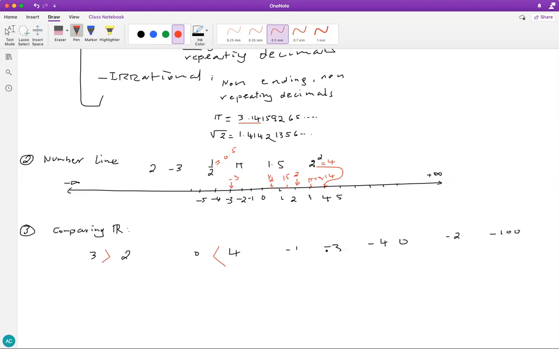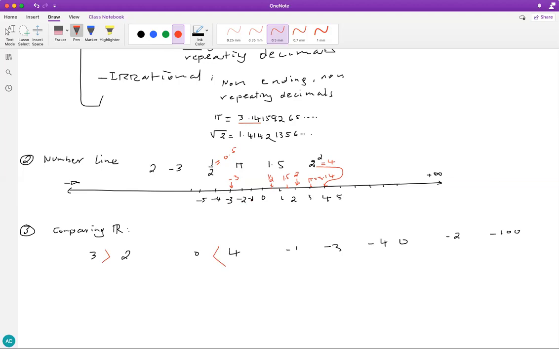Now this is where it gets a lot trickier when you have negatives. For example, -1 compared to -3. What's -1 compared to -3? -1 is less than -3. And why do you say that? So -1 is here. Actually, no, -1 is more than -3. That's right. So -1 is here, -3 is here.